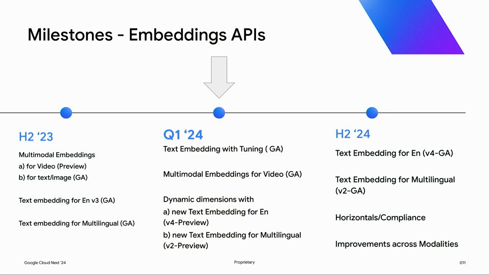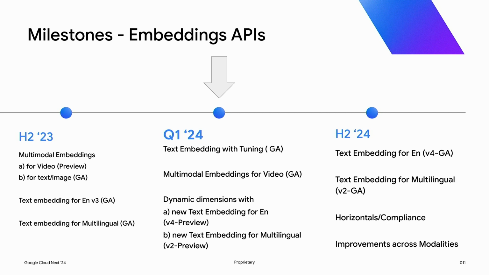Okay. Now, we are not just stopping there, right? We did a lot of launches last year, and we are continuing to do that this year in Q1 and going forward. Last year, during Next, we launched the initial versions of text embeddings. Then we launched a preview of our multimodal embeddings.